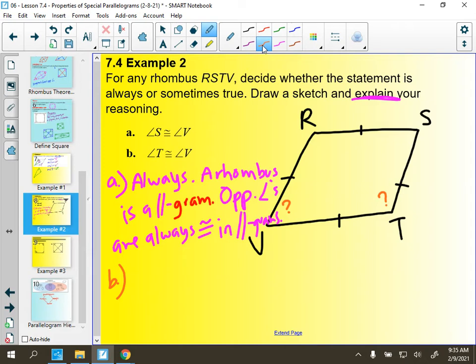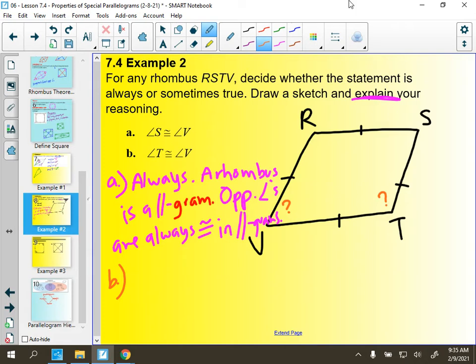And then you say, wait a minute, hold on. What happens when this is 90 degrees and this is 90 degrees in a rhombus? Opposite angles we just talked about would have to be congruent. Well, that would have to be 90. That would have to be 90. It's equilateral. So what type of figure are we actually talking about? We're talking about a square.